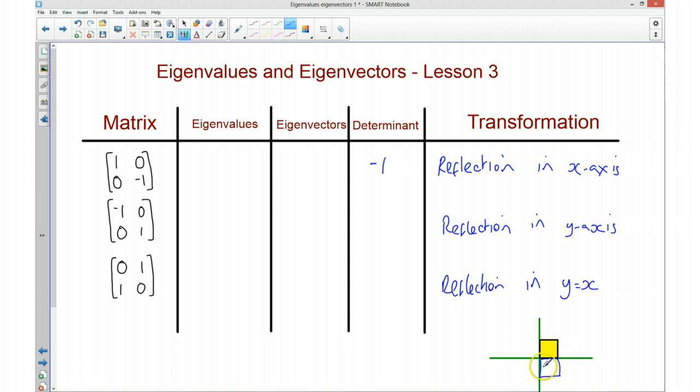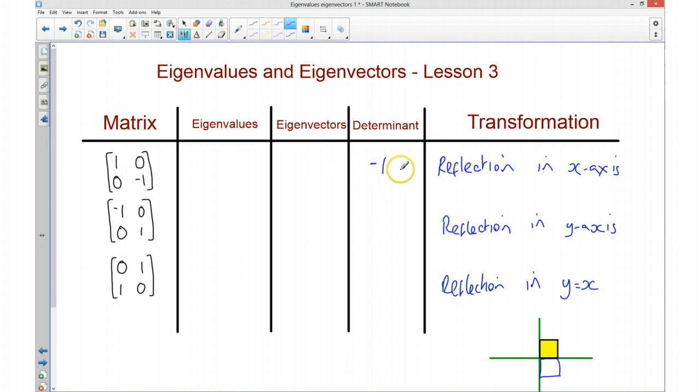Well, it's a directed area, we could think of it that way. So although the area hasn't changed, the direction of the area has changed, and that's why we get a negative in our determinant.